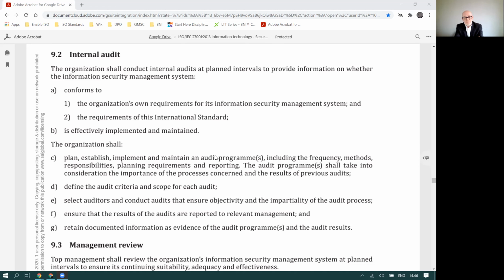With regard to reporting, the scope is important. Each time you audit a particular system or process or code of practice, the expectation is that each audit will have its own individual scope, which will be a snapshot in time with regard to what you document there.